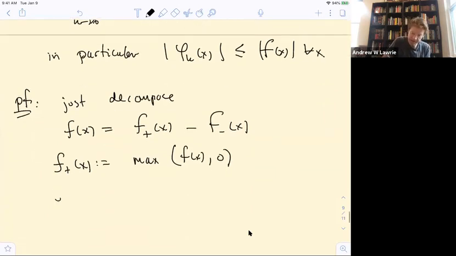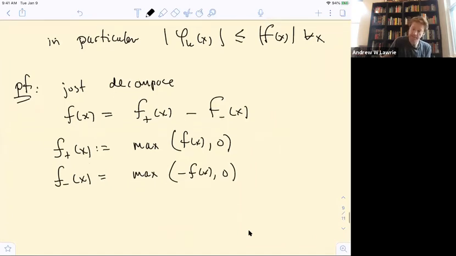And f minus x is equal to the maximum of minus f of x and 0. Note f plus and f minus are both non-negative.